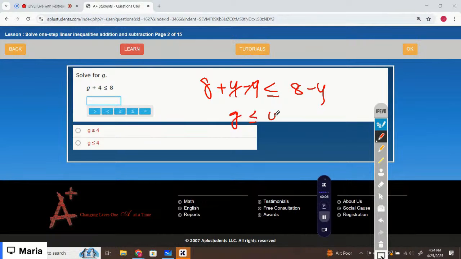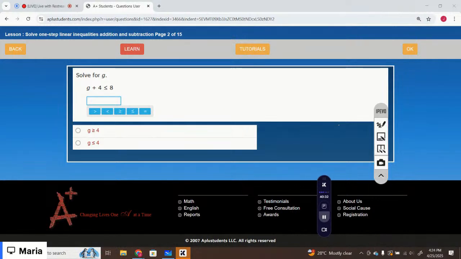G is less than or equal to 4. That is, G is less than or equal to 4. Option number 2 is the correct option.